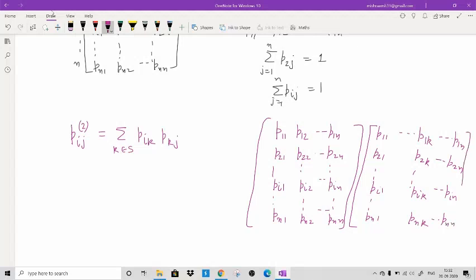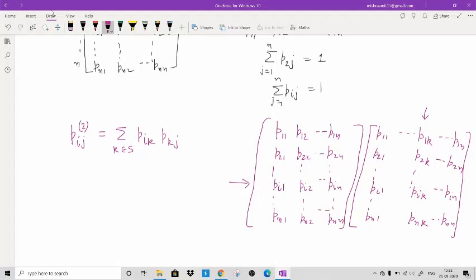So if you take the ith row and kth column, and multiply these two, you will get Pi1 multiplied by P1k, then Pi2, P2k.